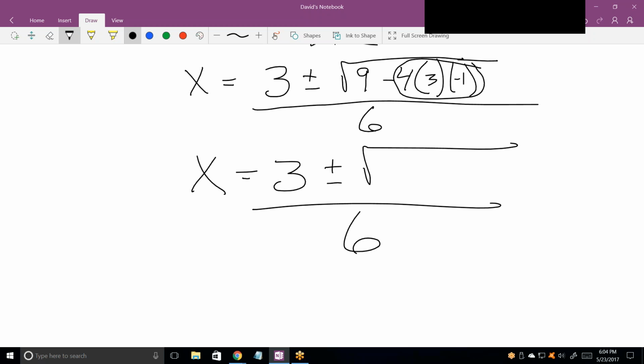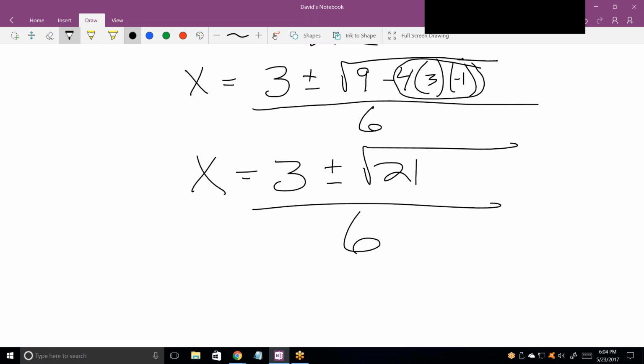It's very helpful if you follow a standard pattern to avoid mistakes. Okay? So what's the discriminant equal to? 21.